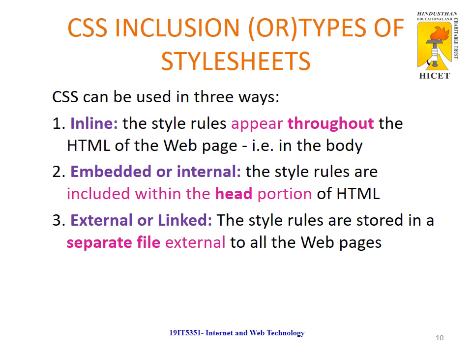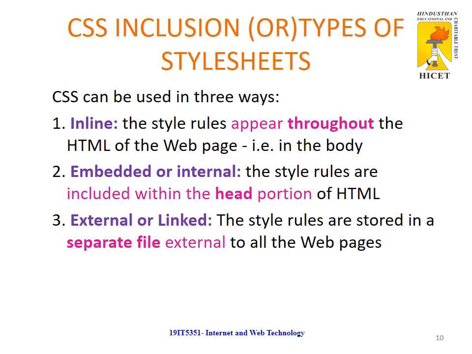We know that in the HTML structure we have a head section and then a body section. Inside the body section we have to represent the inline style. The next type is embedded or internal style. In the internal style, the style rules are included in the head portion of the HTML.